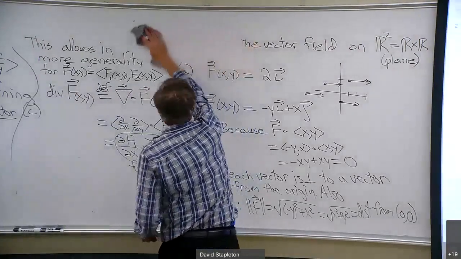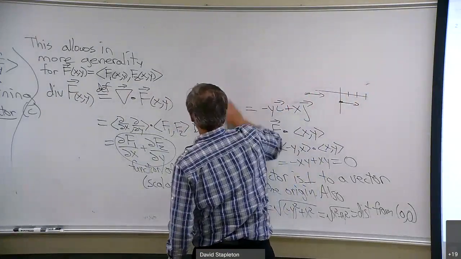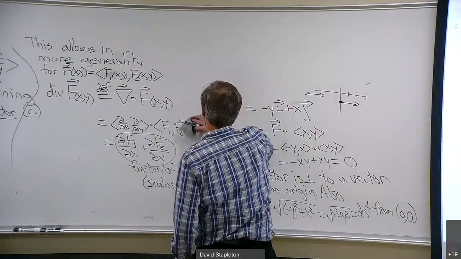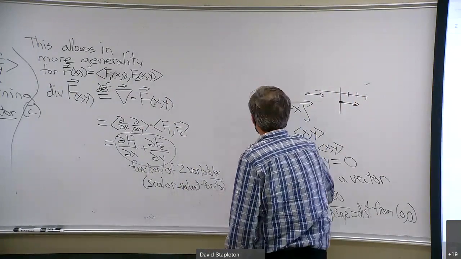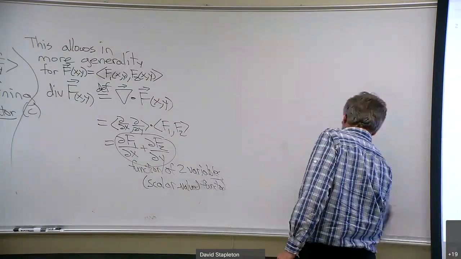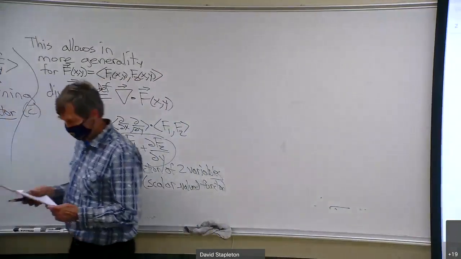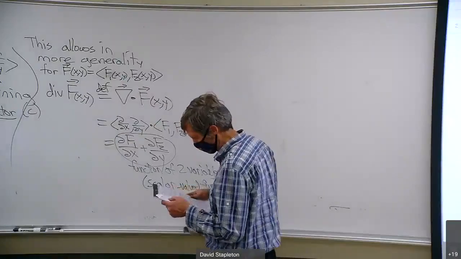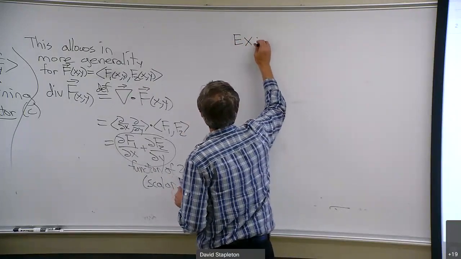So we can take the divergence of a vector field or the gradient of a scalar field. And there are some other definitions that are made, and all these turn out to be useful in lots of applications, which is why we're introducing them. Let's just do a simple example before I get on to some more.